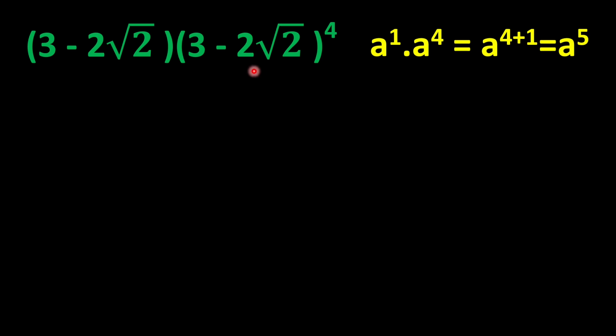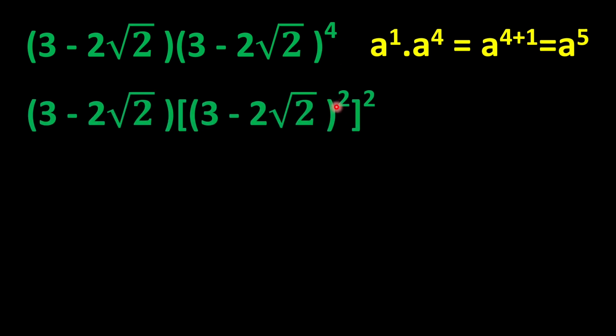So we have expanded a power 5 in the form of this. Now we will solve this part of the question, and we will take down the other part as such. Look over here, we can write this power 4 as square power 2. Now again we will expand this (3 minus 2 under root 2) square according to the formula, (a minus b) whole square equal to a square minus 2ab plus b square.